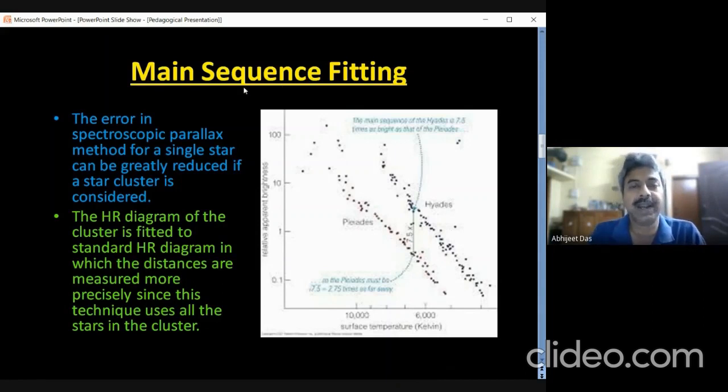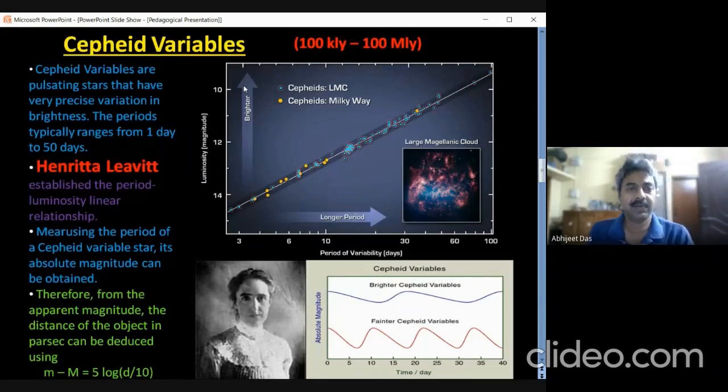So this is an application of the spectroscopic parallax method. Now, when you go to the next rung for more distant objects, another standard candle is used, which is called Cepheid variables. Cepheid variables are stars which are pulsating, and they have a variation in their brightness with very regular periods.